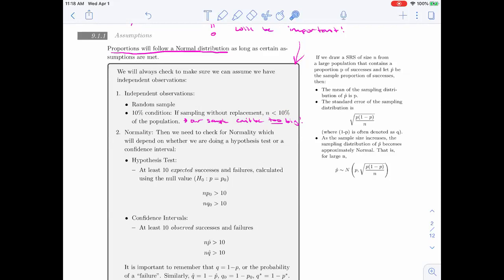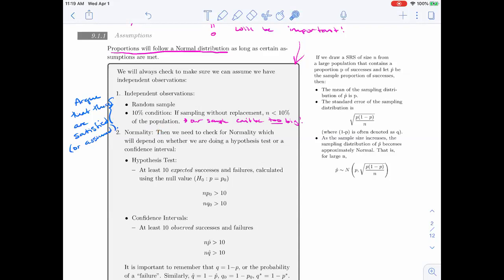So these 2 conditions, we just argue that these are satisfied, right? Or assumed, but you have to state them as assumptions, even if it doesn't say, or even if it's not clear what the population size might be.